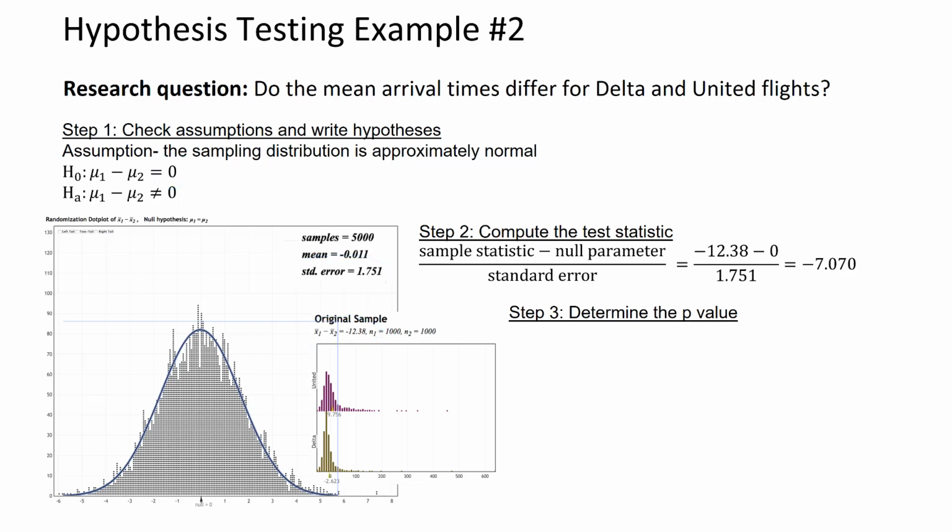Step 3, determine the p-value. I'll take you to Minitab Express to construct a z-distribution. This is a two-tailed test, so the p-value will be the area less than a z-score of negative 7.070 and greater than positive 7.070.